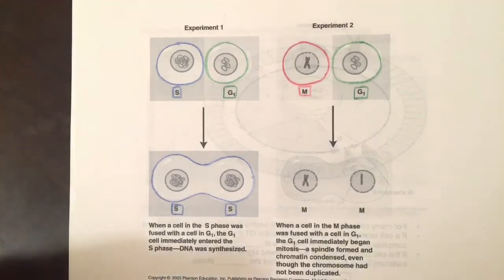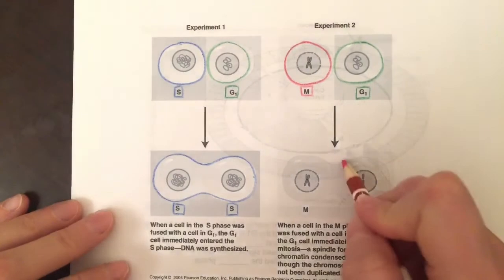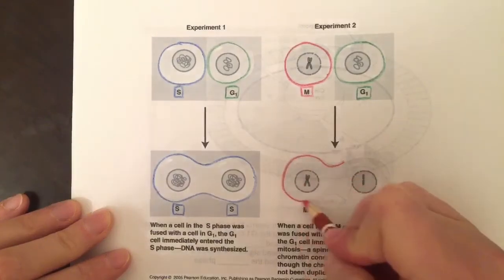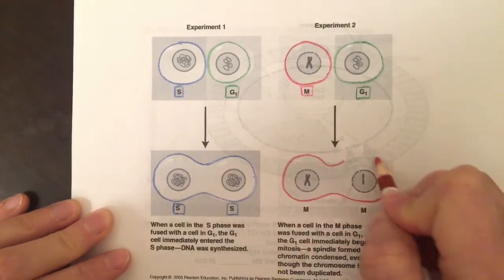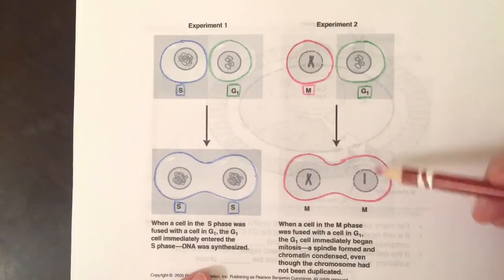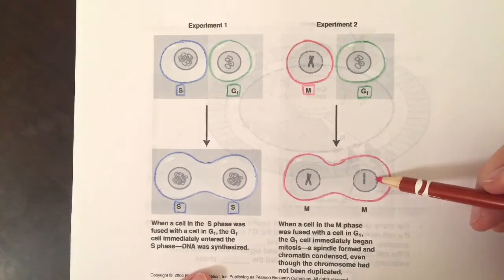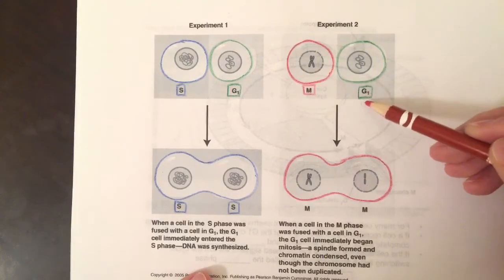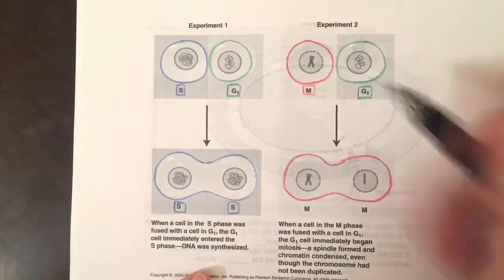And so notice what happened here: when they fused them together, the one that was in the G1 phase immediately went into the M phase. It seemed to skip the S and the G2 phase.